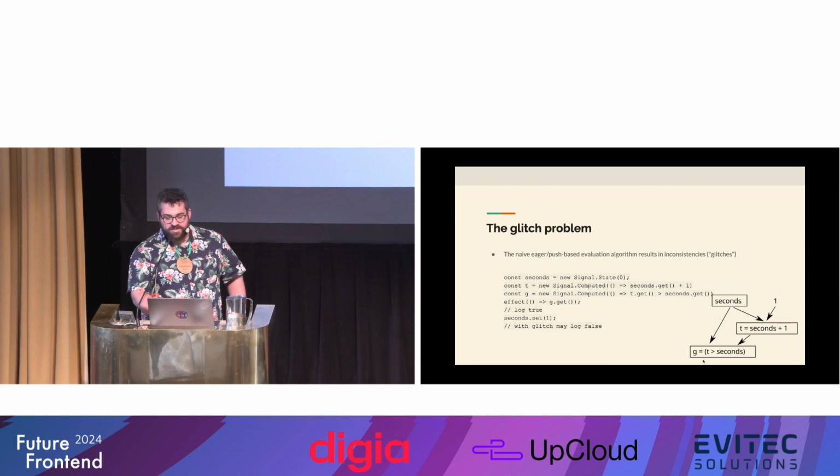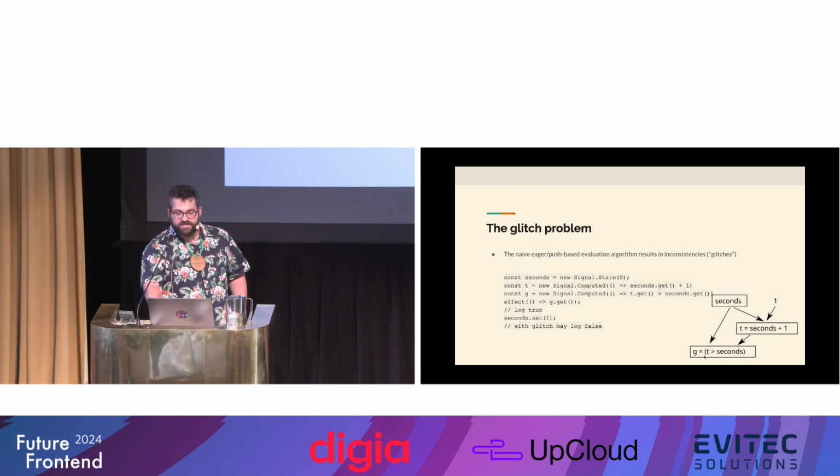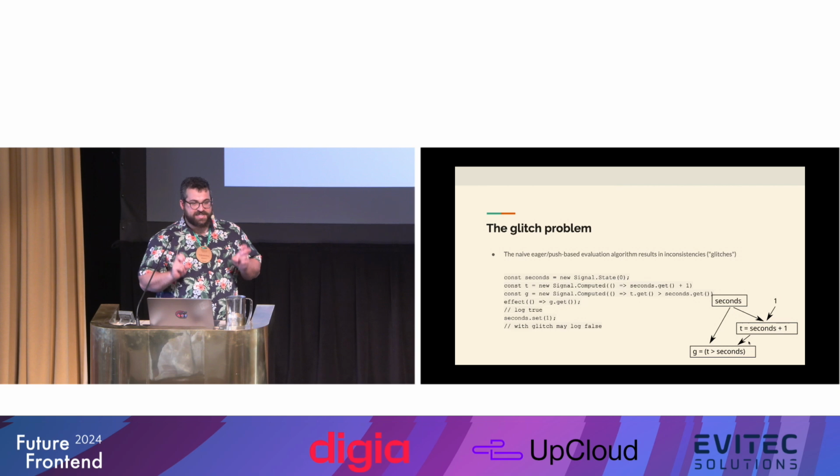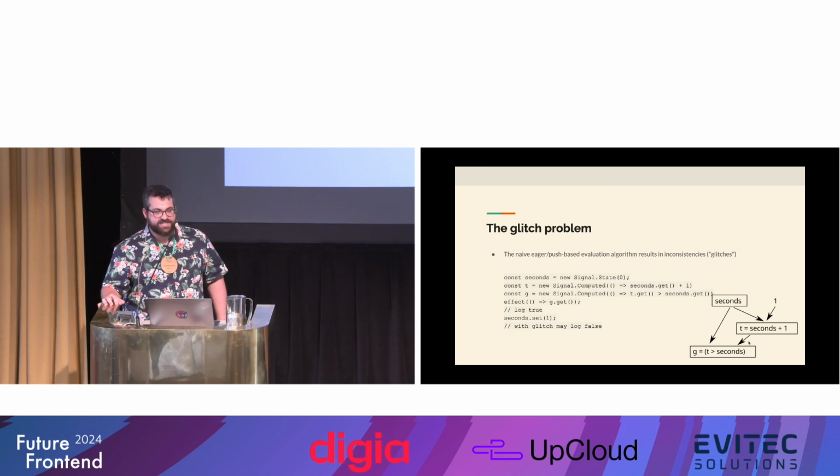If you update G first, because you're just going to visit the children in arbitrary order, then after the first evaluation, this gets initialized to 1, and then this becomes initialized to true. But if you update seconds, so it becomes 1 and 1, then G becomes false momentarily until later it updates T. So this is called a glitch because the program gets into an inconsistent state.